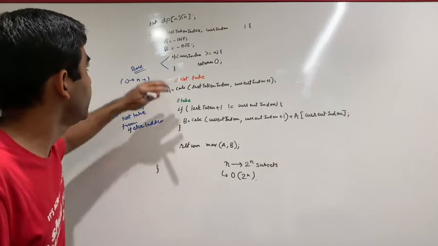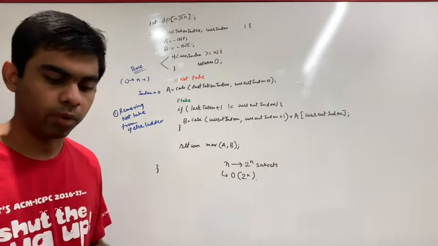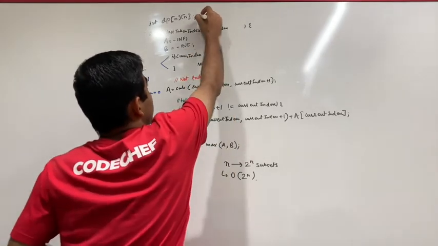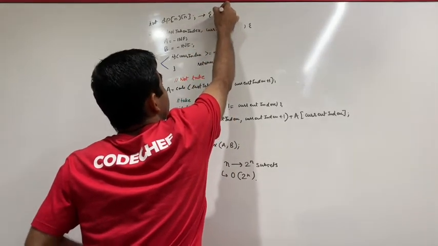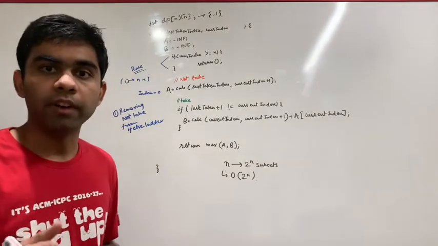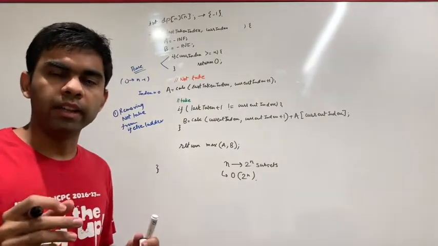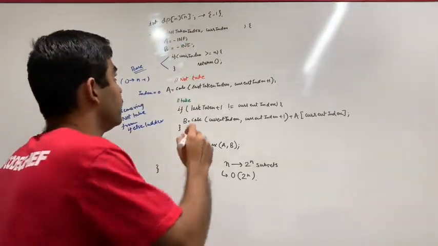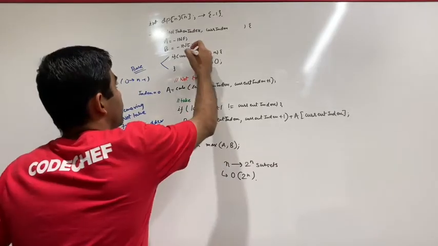So before calling this function for my first time, I'll initialize every value of my dp array to -1. And now before my base condition, I'll check if there is a non-negative value which exists in my dp array for this combination.